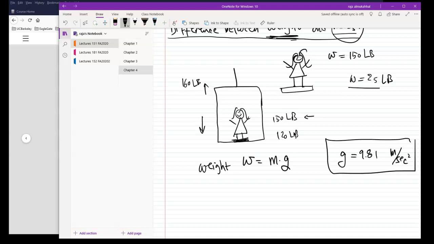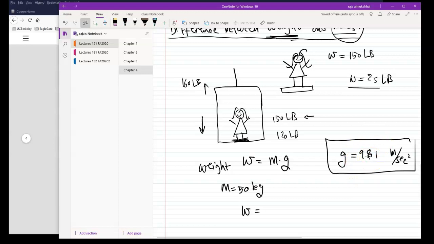So, for example, let me go back to this person's mass. We said that she is 50 gram, I keep saying gram, it should be kilogram. So let's say that she is 50 kilogram. What would her weight be? Well, if g is 9.8, which is approximately 10, she'll be close to 500 Newton.